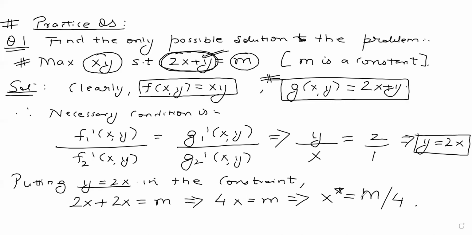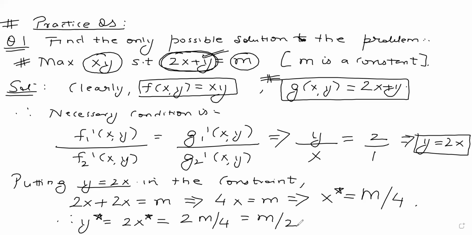And once I have found x star, I can find y star. y star is equal to 2x star, which is 2 times m by 4, which is m by 2. So clearly all students can see that for this particular optimization problem, we get the optimum values, which are x star equal to m by 4 and y star equal to m by 2.